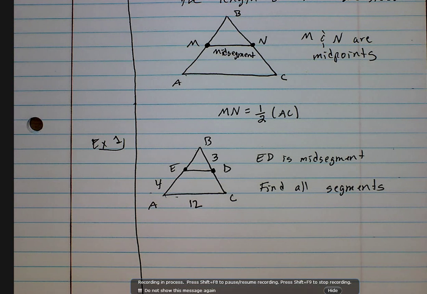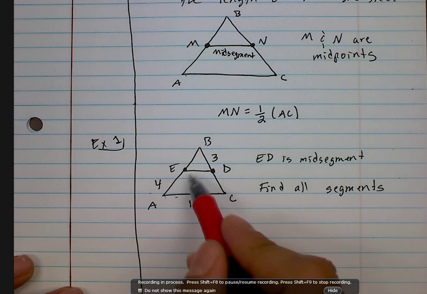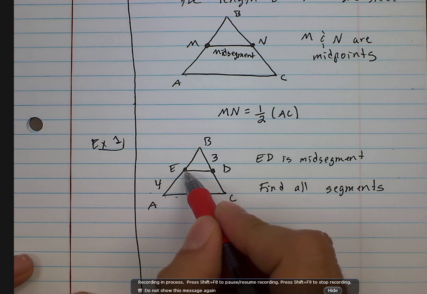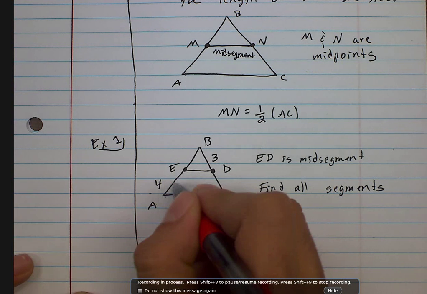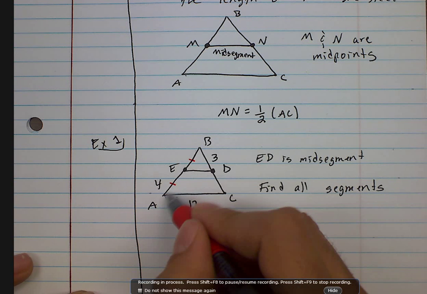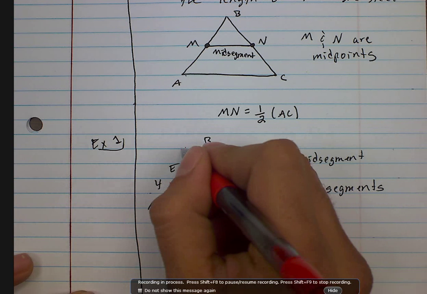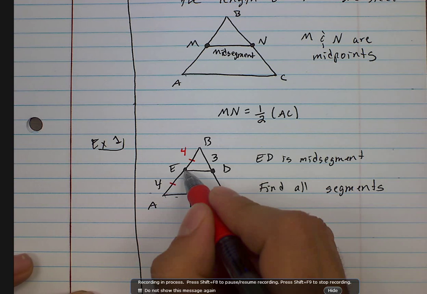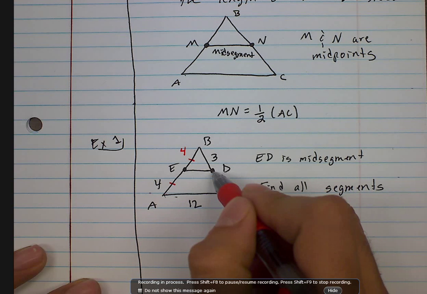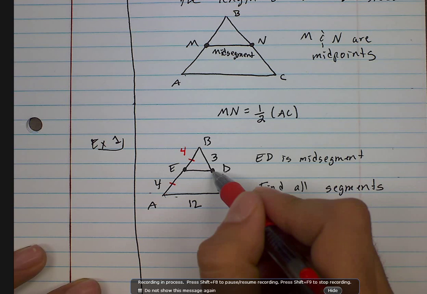When you do this type of problem, you have to apply everything that you know. Since this is the mid segment, that makes E the midpoint of AB. So if E is the midpoint, it's in the middle of AB, then that one is equal to that one. Since this one is 4, then this one is also 4 because E is the midpoint. The same thing happens on the other side. D is the midpoint of BC.